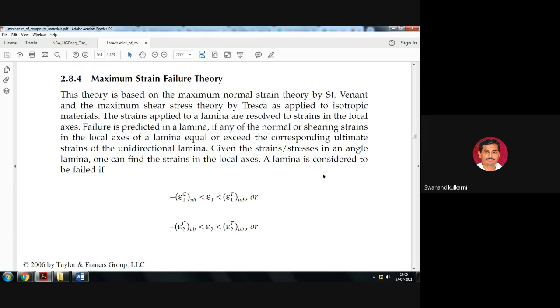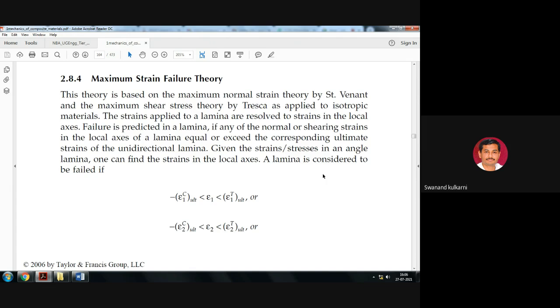Then, the strains applied to the lamina are resolved to the strains in the local axis. Failure is predicted in a lamina if any of the normal or shearing strains in the local axis of the lamina equal or exceed the corresponding ultimate strain. That is common to what we used earlier in Machine Design 2, where the same set of equations was used.